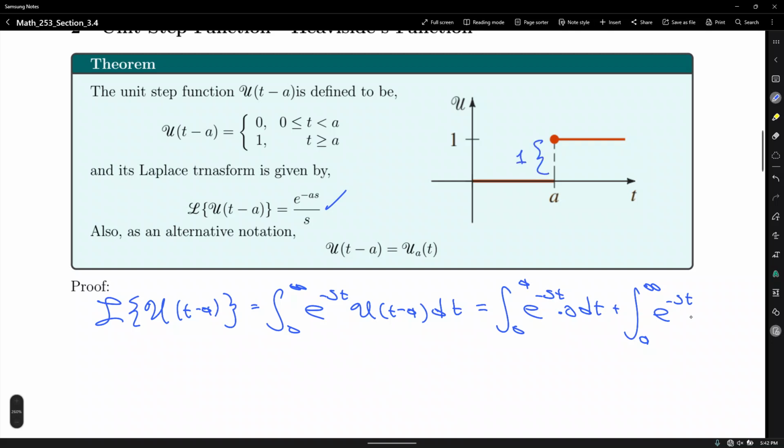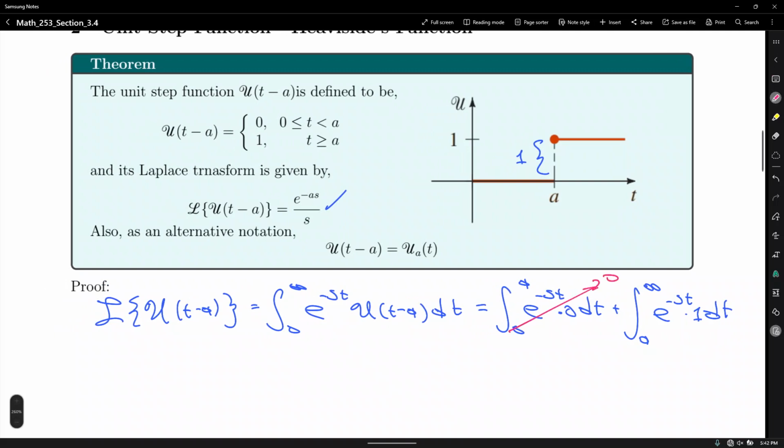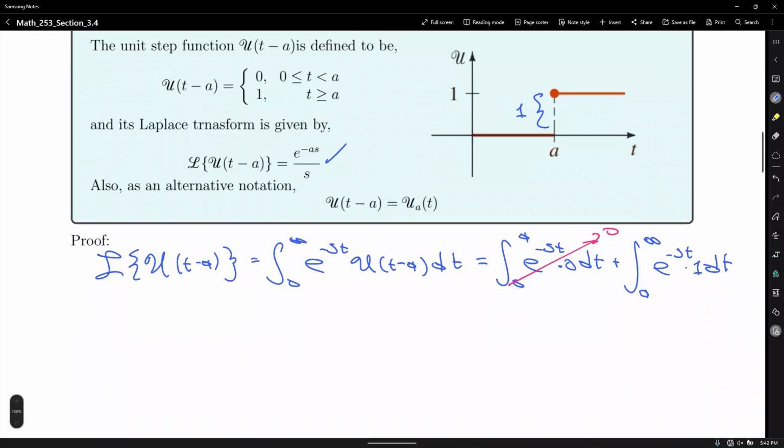Isn't that 1 unit? There's a jump of 1 unit, dt. Of course, this means the first term is just going to go to 0 because the integral of something times 0, that's the integral of 0, and the integral of 0 from 0 to a gives us a 0. All right? So what else?